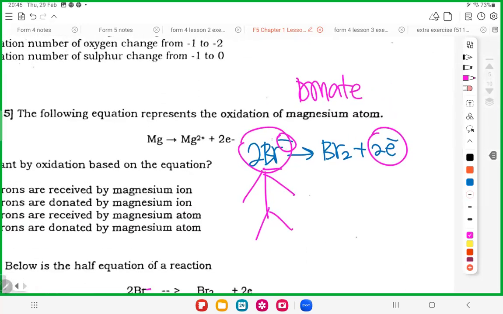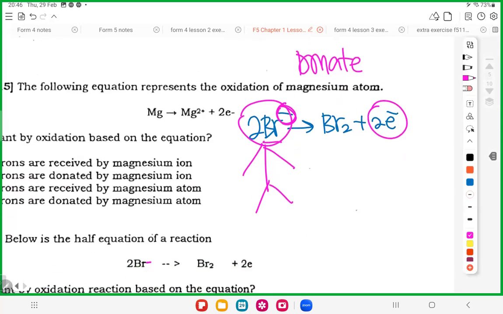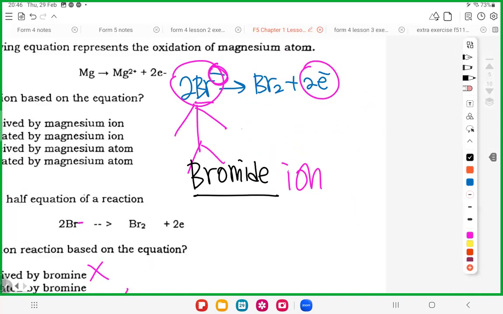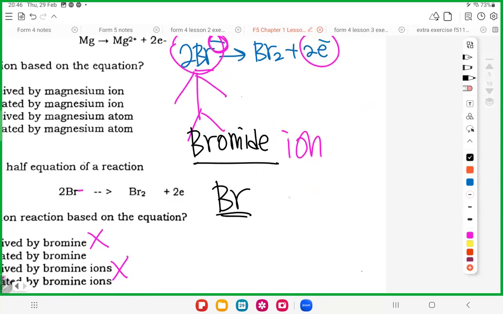When Br has a charge, you must put the word ion. When Br has a charge, what is the name? Bromide. So you have to be careful. A lot of students have this problem. When Br doesn't have a charge, it is called bromine.